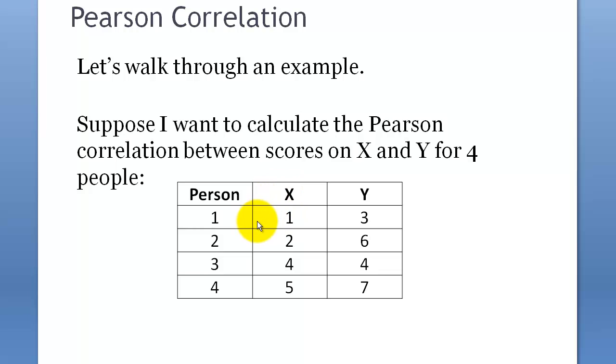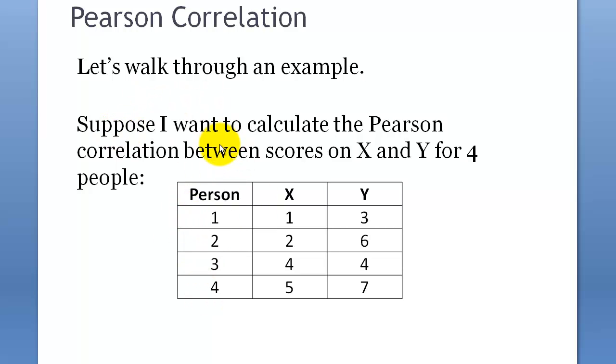Suppose this is such a small example. There are only four pairs in it, and trying to calculate correlation with so few is really unrealistic, but for the sake of illustrating how it works, there are only four pairs, or four persons.